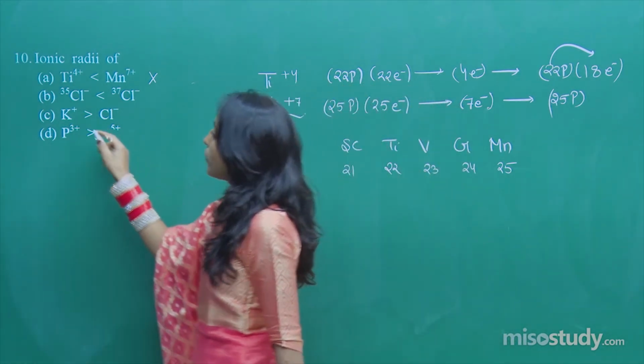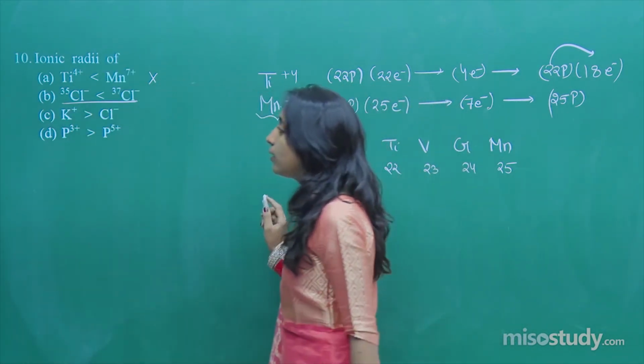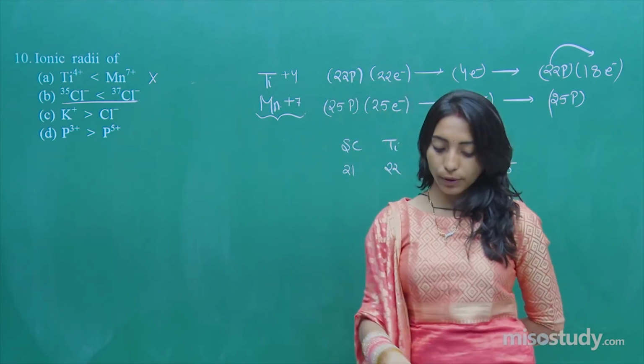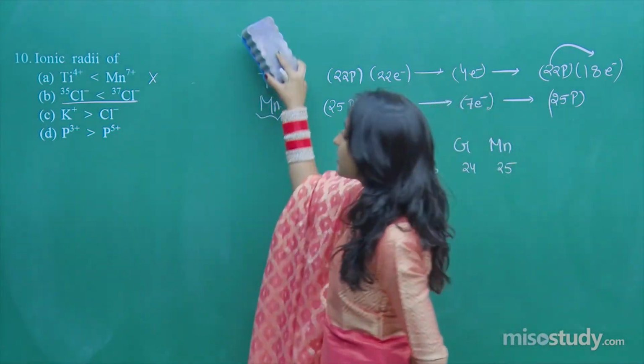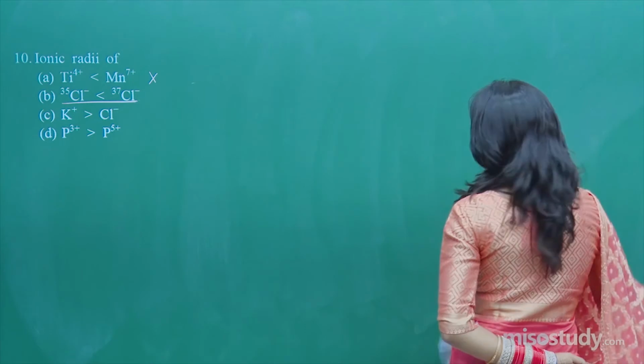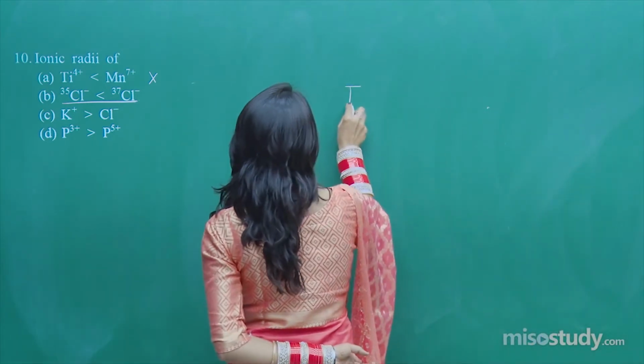Moving on to the second option, Cl-35 negative is having a smaller size compared to Cl-37. Now guys, this is a good option. This option is actually talking about the isotopes.